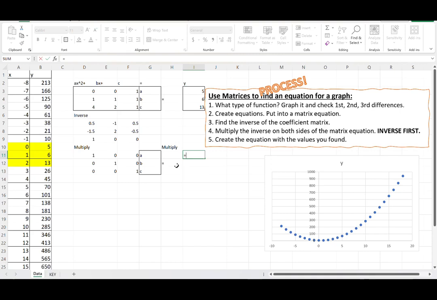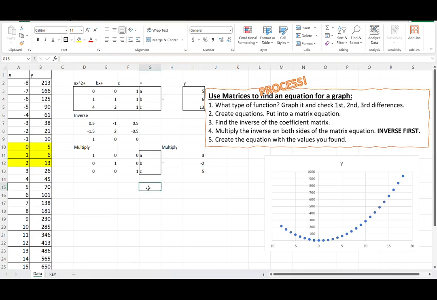So we're going to type in again, MMULT. And our first array, inverse first. So we have to do the inverse first. And then our y values over here. Now we got the identity over here. That means this is going to be all of our answers. So that means that A equals 3, B equals -2, and C equals 5.